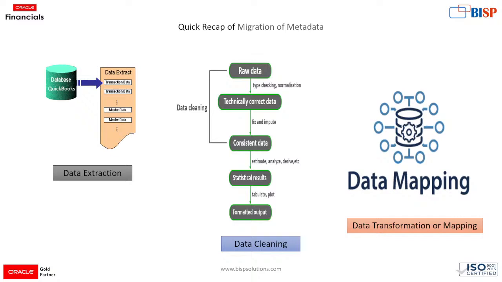Then the data transformation, or data mapping. Data mapping is a critical process within the realm of data migration, playing a pivotal role in uncovering insight and ensuring the accuracy and trustworthiness of the data.